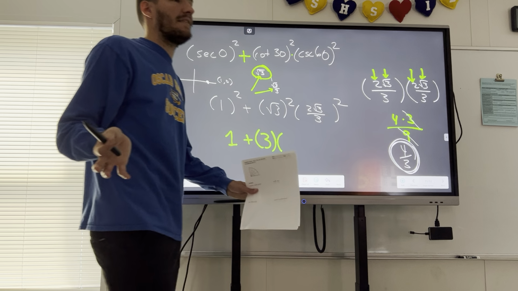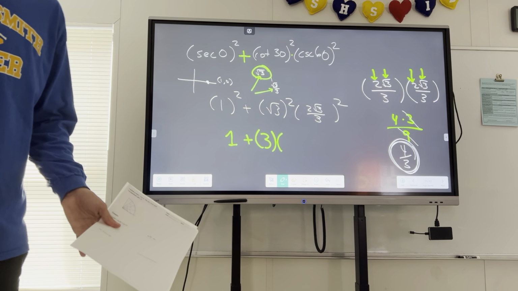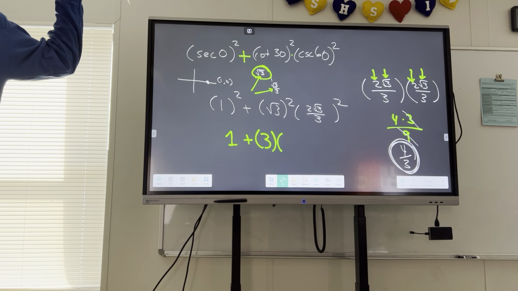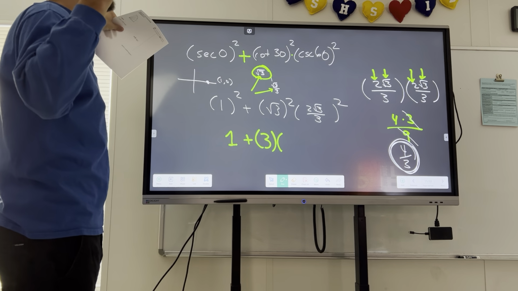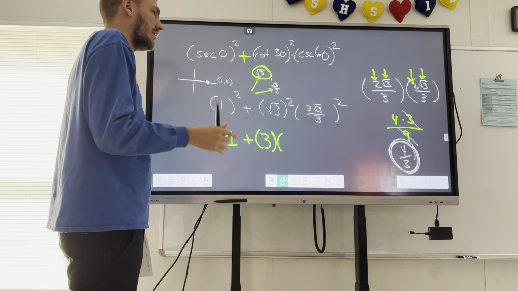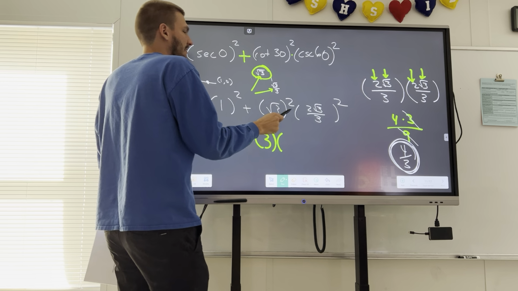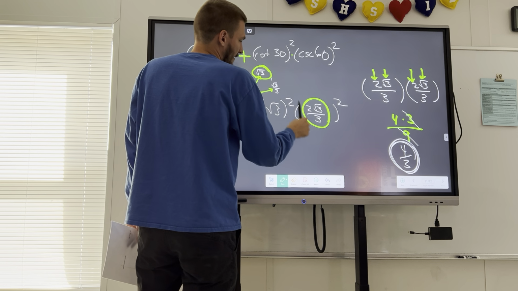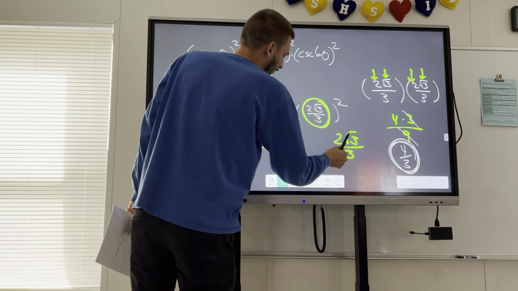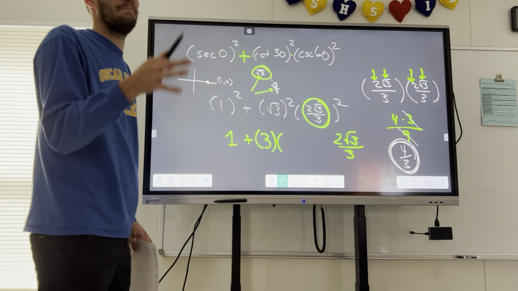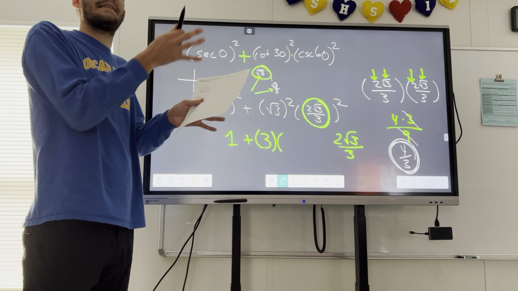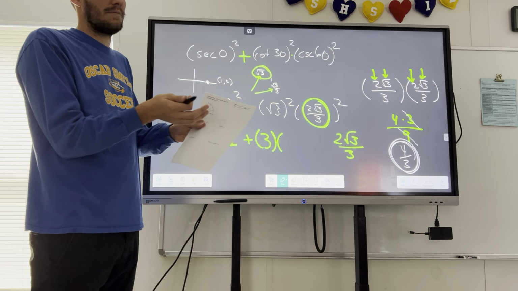Now, that's a totally fine thing to do. Honestly, it's a little bit much, so here's where you can level up. This is the level that those teachers and students are on. This piece, which is 2 square root 3 over 3, looks like that because we rationalized it. That's why it's got that square root 3 on the top and that 3 on the bottom.